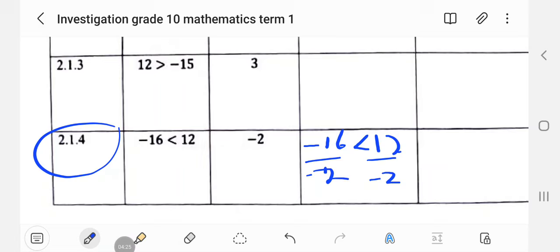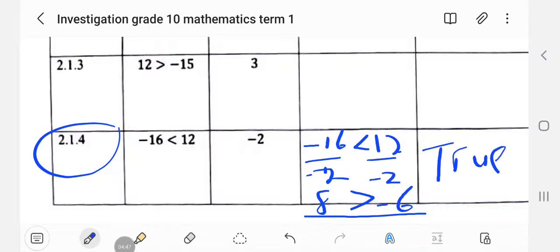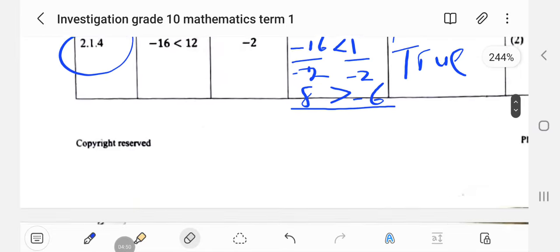Now, when we divide by a negative on both sides, the sign changes. So minus 16 divided by minus 2 is positive 8. 12 divided by minus 2 is minus 6. This statement is true because 8 is greater than minus 6. Let's go quickly to the next question.